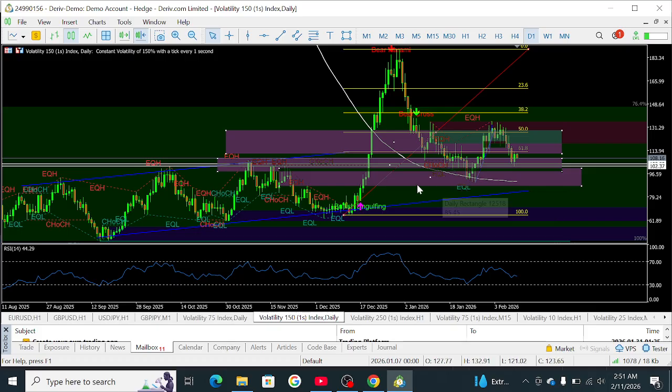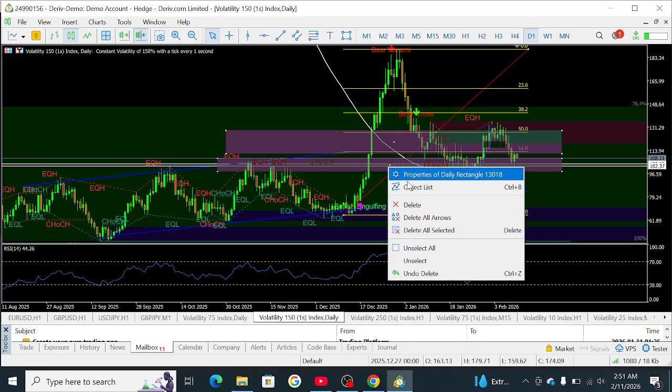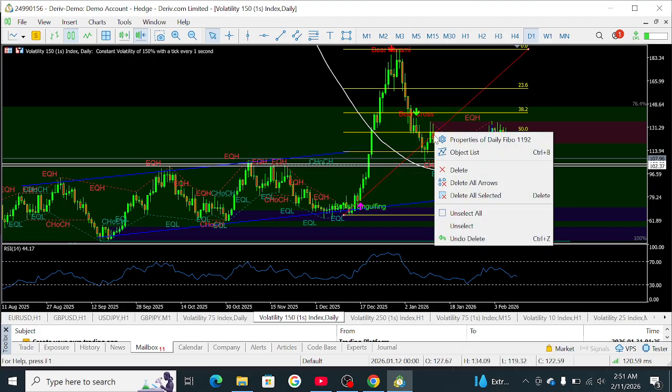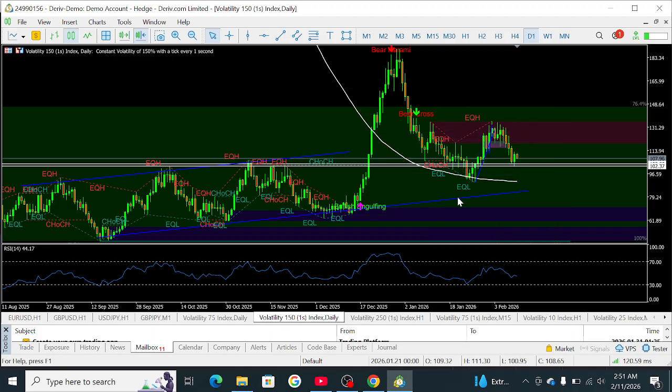So in that yesterday now, let me remove this to tidy up my chart. The same thing that happened here, this bullish mitigation, another one is happening again.